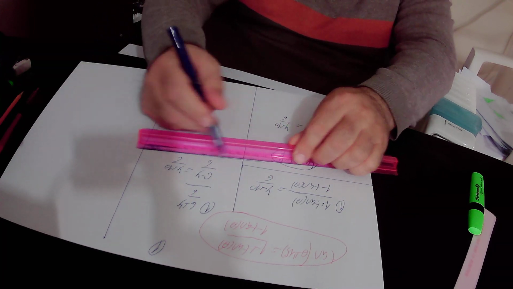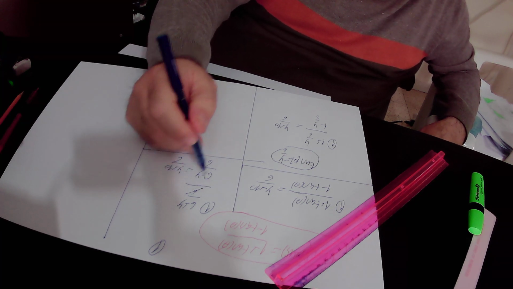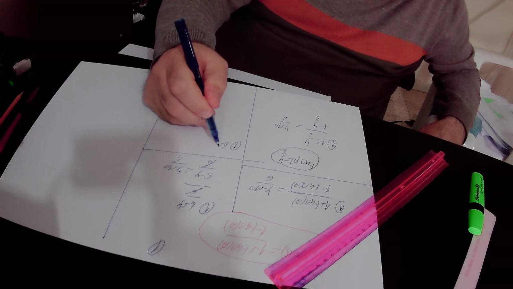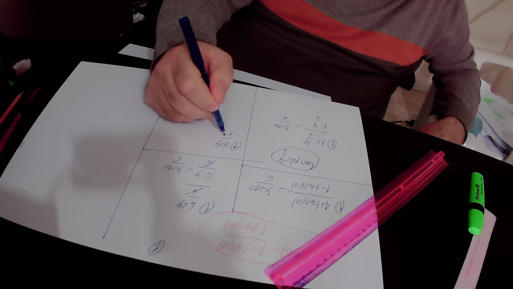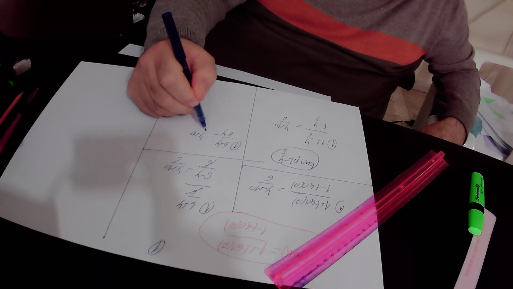Here we have 6 in the numerator and 6 in the denominator, so 6 will get cancelled, and we're left only with 6 plus y over 6 minus y, that is equal to y plus 10 over 6.